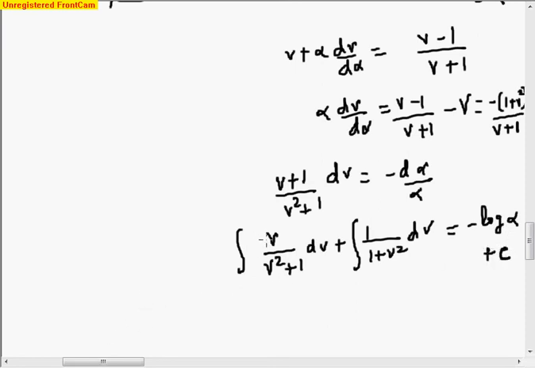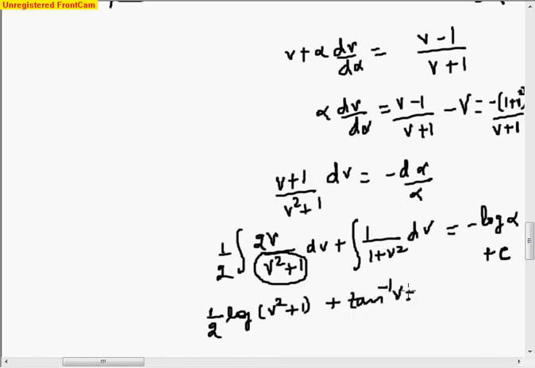What is the integration of this thing? I'll multiply with 2 and divide it by 2. This is a function and this is a derivative. So this is 1 by 2 log of (v square plus 1) plus tan inverse v, and I'll take that thing here, plus log of alpha is equal to c, right?